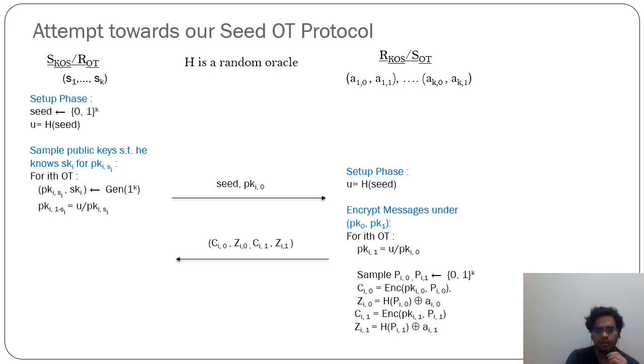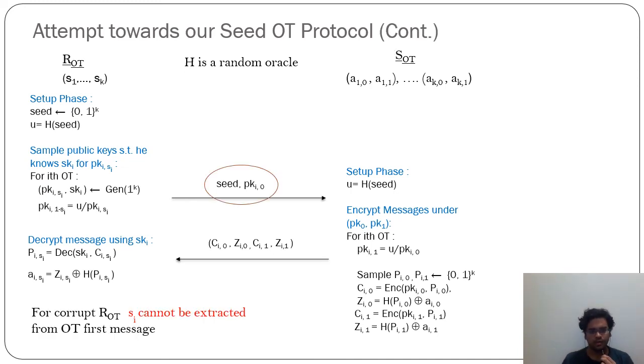Finally, he sends the encrypted random pads and the encrypted messages to the receiver of the seed OT protocol. The receiver decrypts the random pad corresponding to his choice bit Si, that is, he obtains Pi,Si by decrypting Ci,Si using the secret key, and then he decrypts Ai,Si from Zi,Si and Pi,Si.